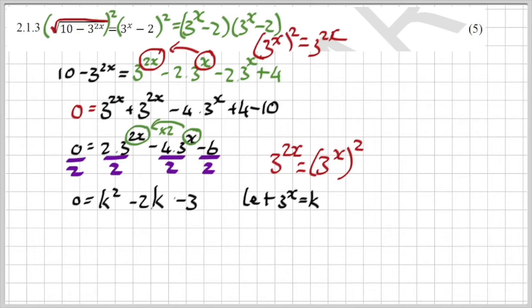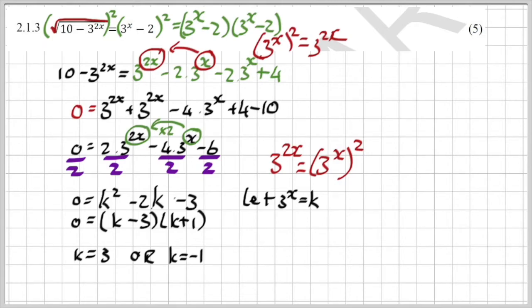So on the right-hand side, I'm going to factorize that. I'm writing it out twice for you, okay? So let me just erase that bottom one. There we go, okay? 3 to the 2x is 3 to the x squared. So when I now look at factorizing the right-hand side, I've got k minus 3 and k plus 1. Solving for k gives me k equal to 3 or k equal to negative 1.